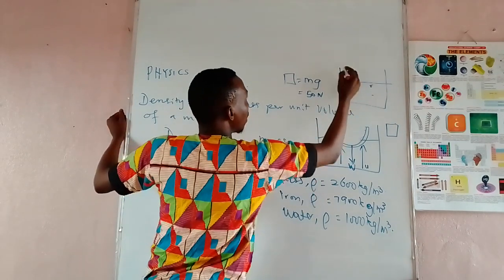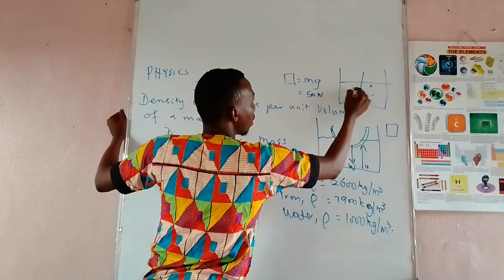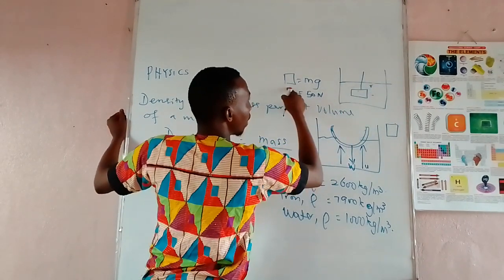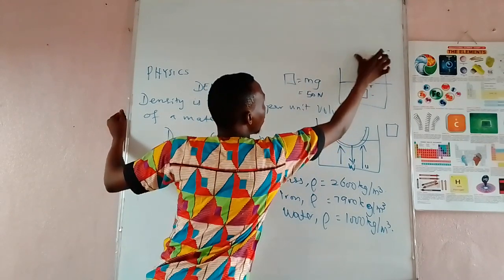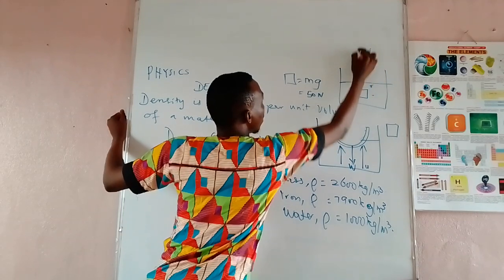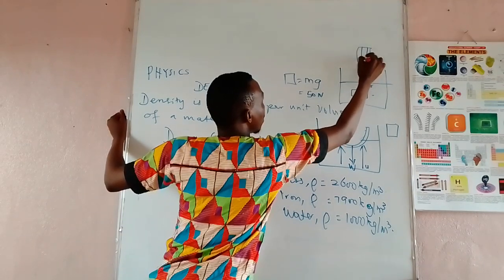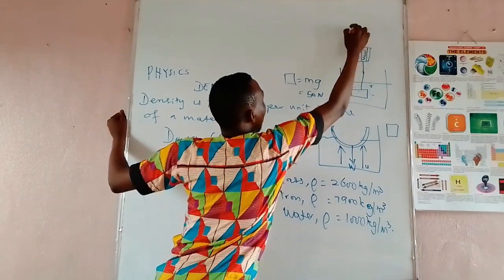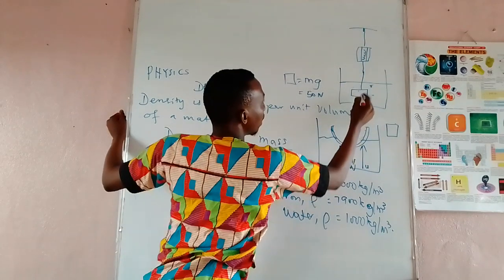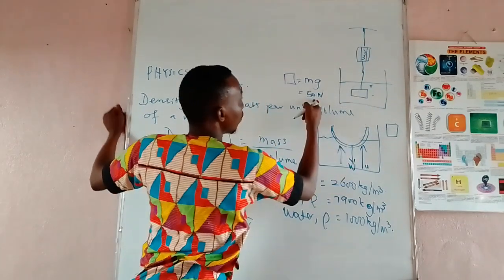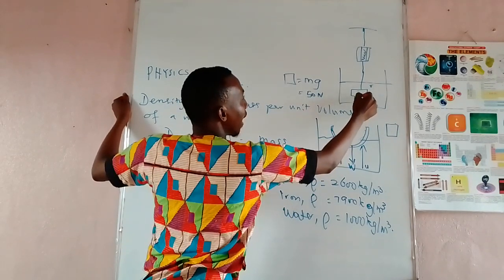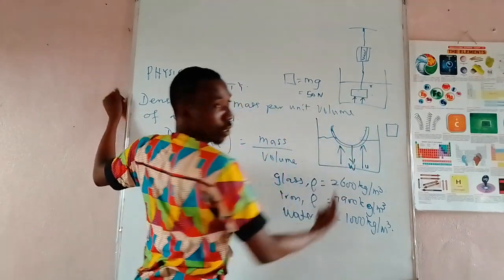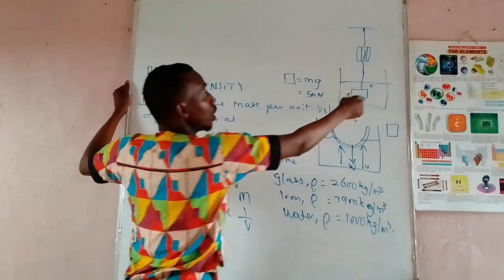But when you tie a rope to this same object that is 50 Newton, and you try to measure it, maybe you tie it to a spring balance, this same mass will no longer be 50 Newton again, because a force going up will reduce the weight.